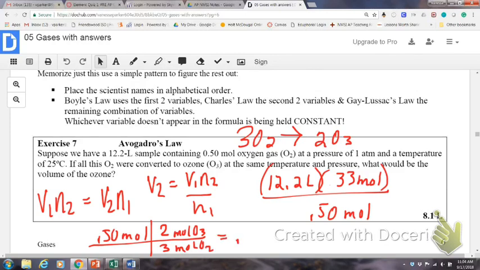And that gave me 0.3, sorry. That makes a difference. So I had to find n2 by using the stoichiometry. Okay?